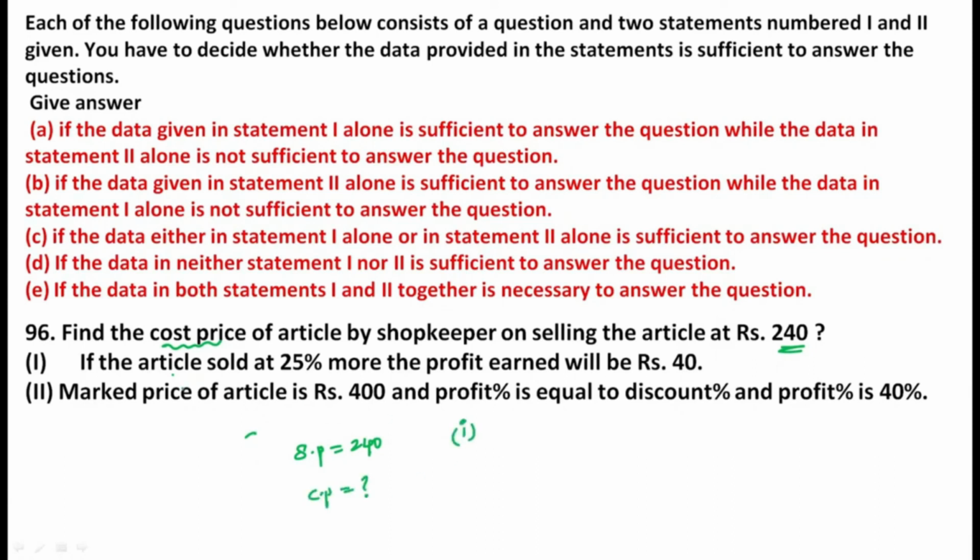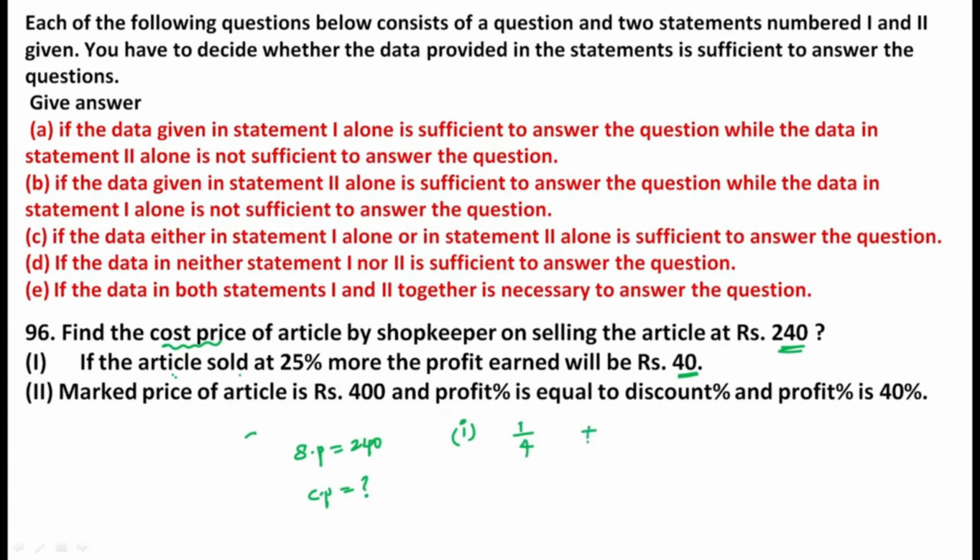From equation 1, what is equation 1? If the article is sold at 25% more, then the profit earned is 40 rupees. 25% more means 125%, that is 1 by 4th value is extra.